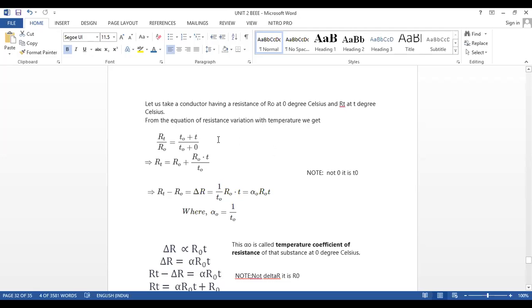It changes. So resistance of the conductor at the new temperature by resistance of the conductor at 0 temperature is equal to T0 plus T by T0 plus T0. I hope all students, is it clear? This is the first derivation point: RT by R0 equals T0 plus T by T0 plus T0.